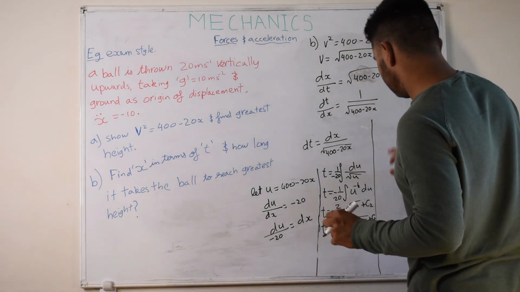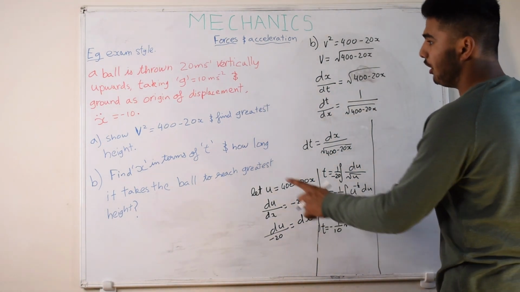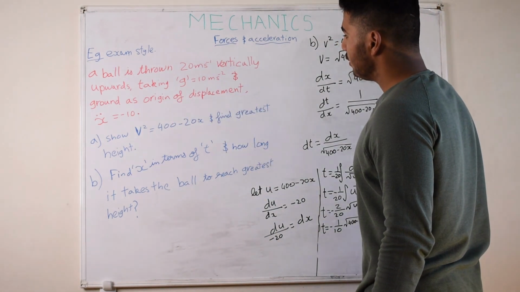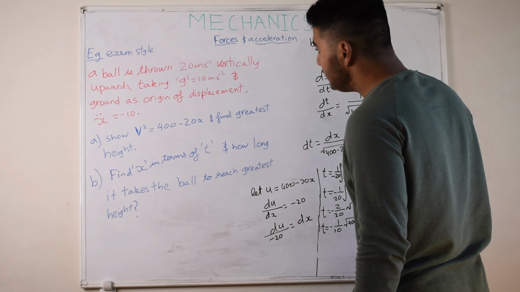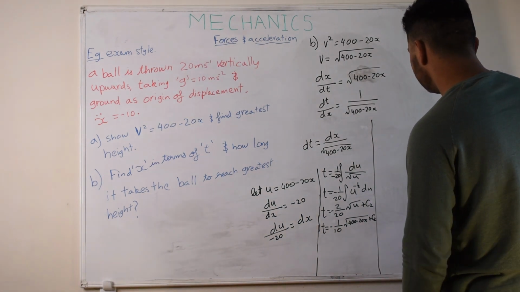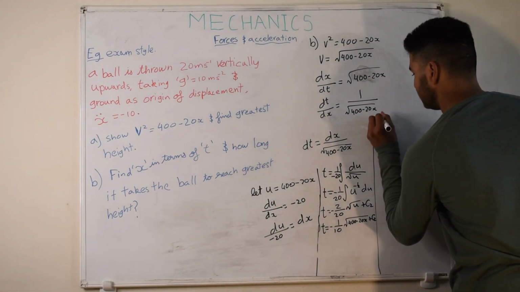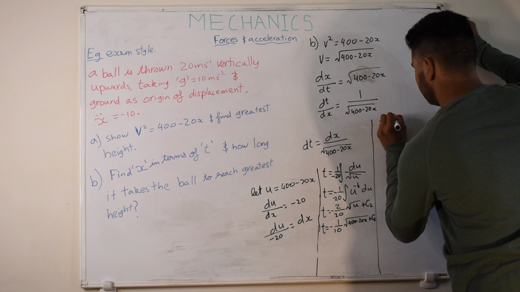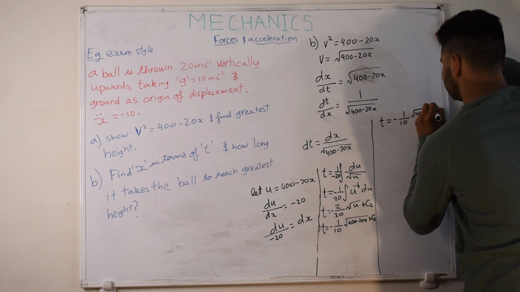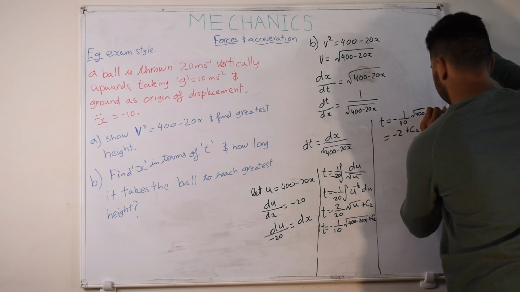Now we'll come back over here. When t equals 0, as it says, as ground displacement, x will also be 0. So when t equals 0, x is also 0. So we have t, which is 0, equals negative 1 upon 10 square root of 400 plus c2, which then gives me negative 2 plus c2.